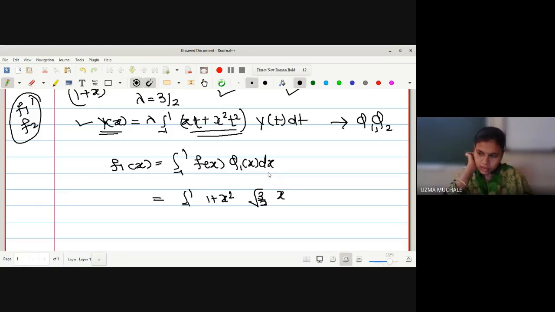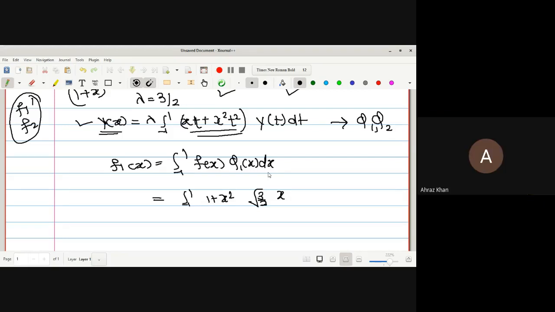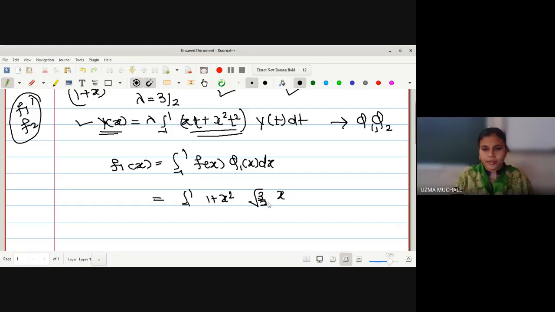Have you checked it? Yes, ma'am. So phi 1 is root 3 by 2 into x dx. Now we simply take root 3 by 2 outside and evaluate the integration from minus 1 to 1. We multiply this x inside, and let me find the integration directly.